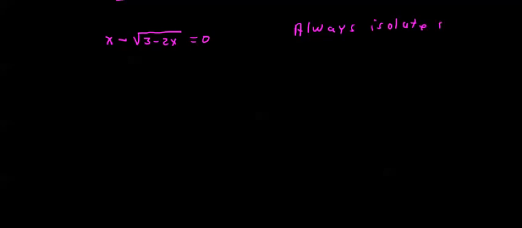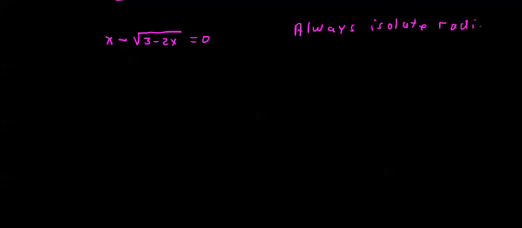Now we're going to look at something a little more complex. All right, our equation is going to be x minus the square root of 3 minus 2x equals 0. First rule, always isolate the radical.